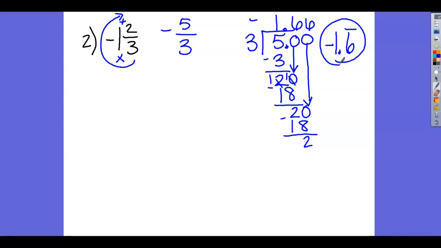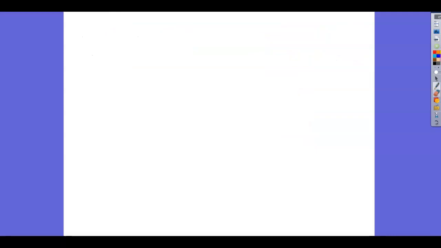Okay, the next set of examples is going to be to change a decimal to a fraction.